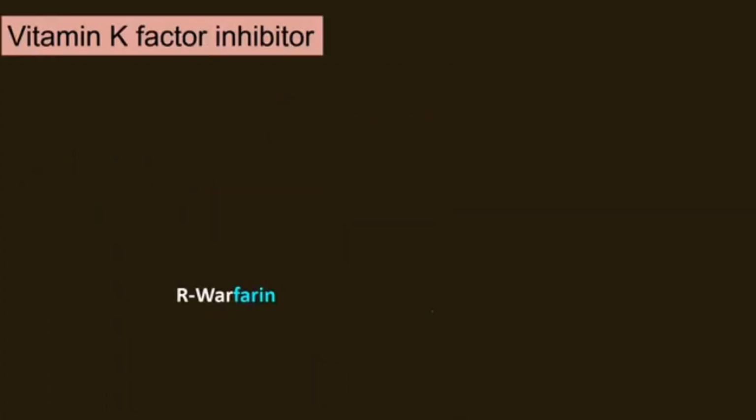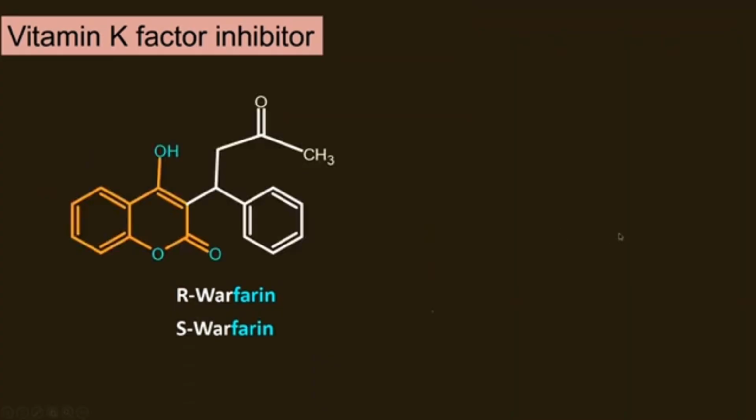Next, we have the old anticoagulant, the vitamin K factor inhibitors, which affect the clotting factors. Now, warfarin is one of the oldest oral anticoagulants. Warfarin exists as a racemic mixture of R and S forms, and the ring of warfarin is called the coumarin ring.